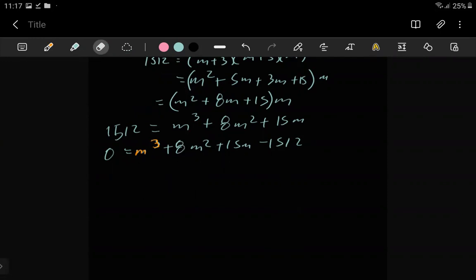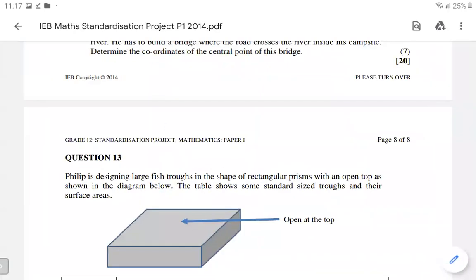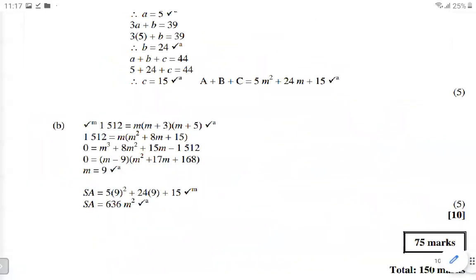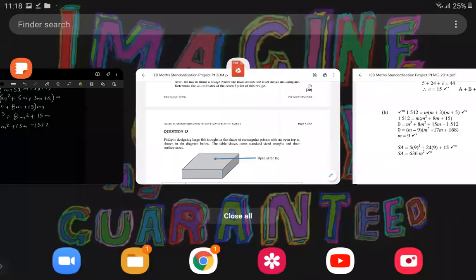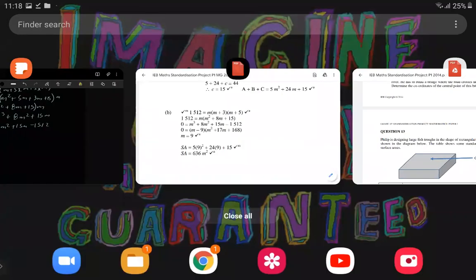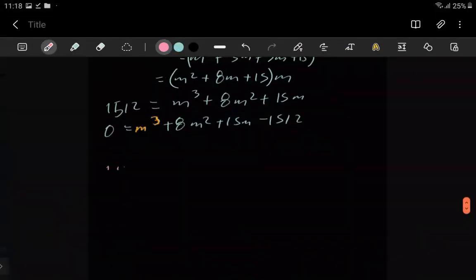According to the memo, 9 was one of the solutions. Once you had the 9, after you have learned calculus, you would be able to factorize this whole thing, which eventually gave us a value of M, which is 9. So here we would have gotten M is equal to 9.